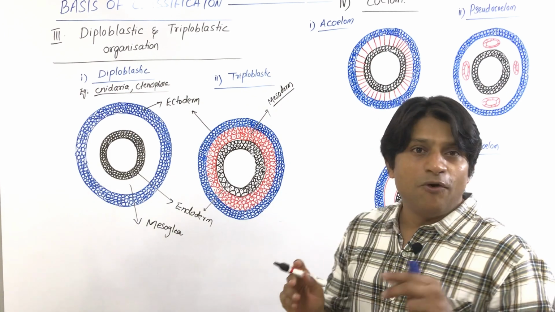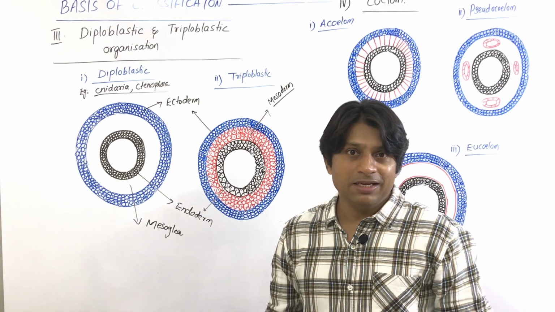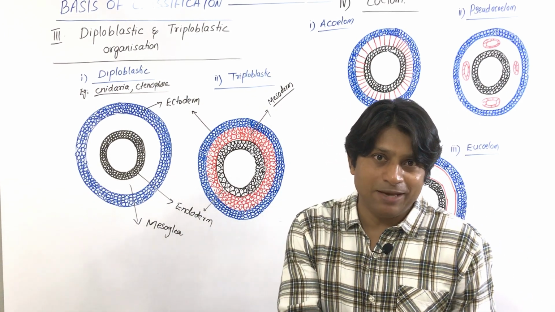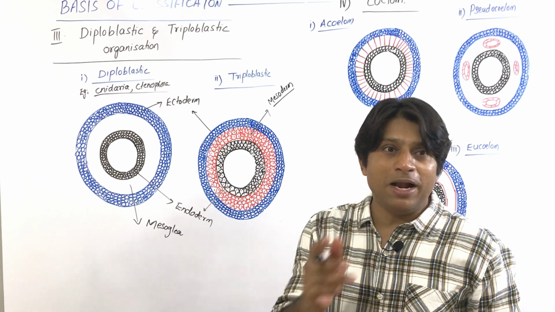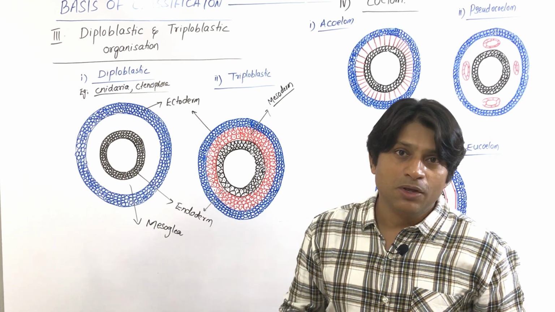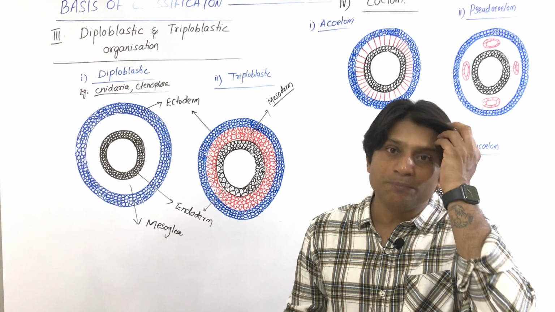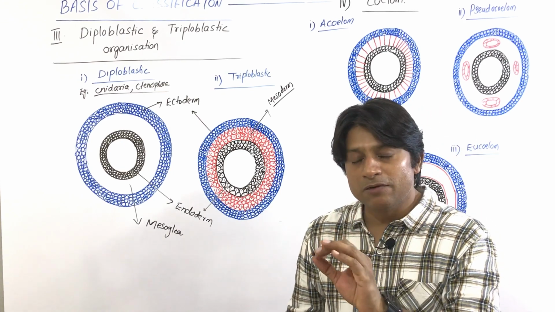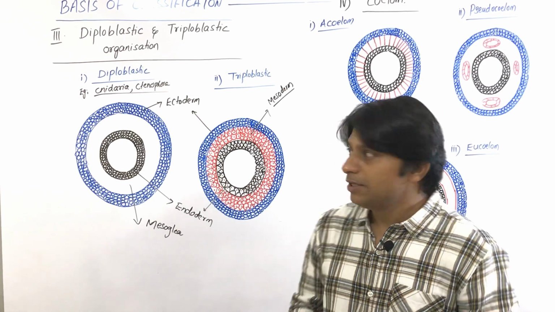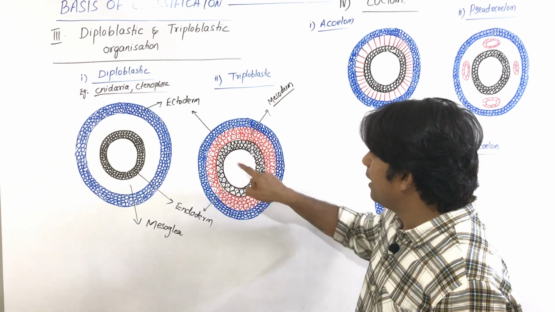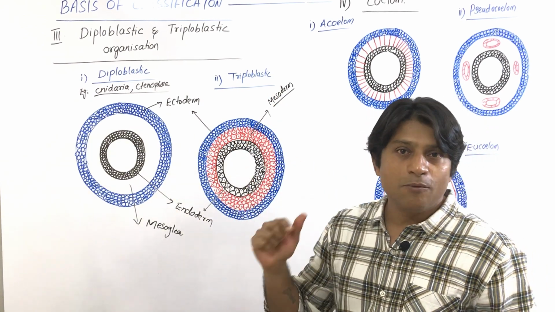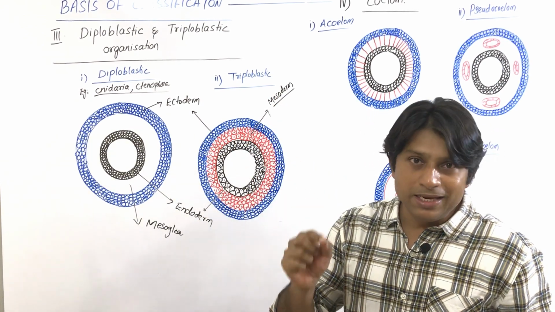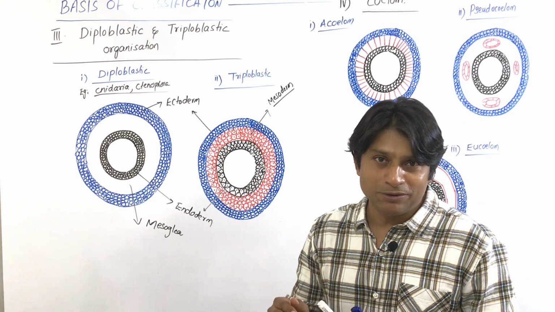So formation of mesoderm is for the first time in Platyhelminthes. So Platyhelminthes is the first phylum which is triploblastic, with mesoderm. Mesoderm is concerned with muscles and other structures. So mostly in triploblastic animals there are three layers: outer ectoderm, inner endoderm, middle mesoderm.